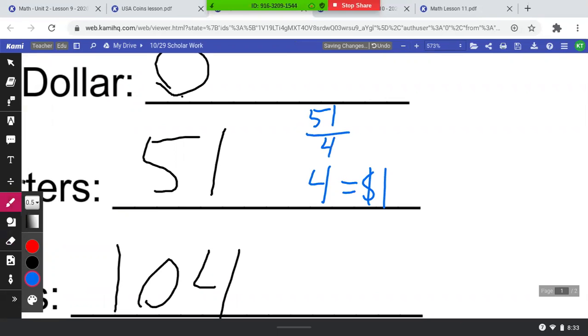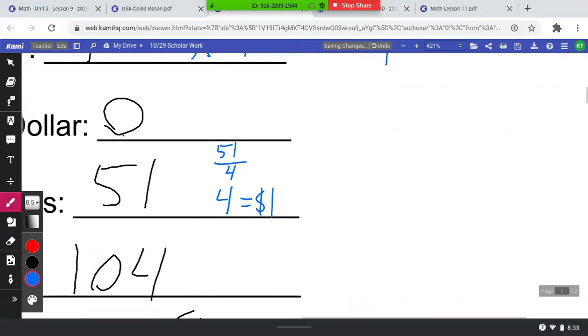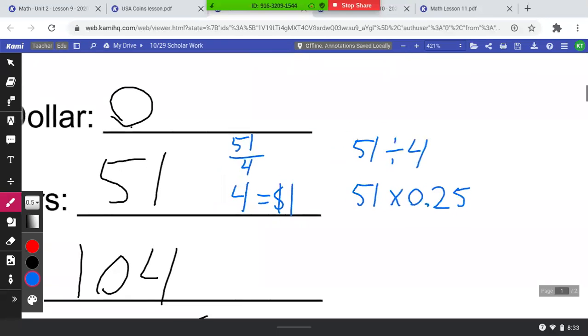So what we are going to be doing is 51 divided by 4. Or what we can do is 51 times... Why did I do that? How did I know that I could do that?